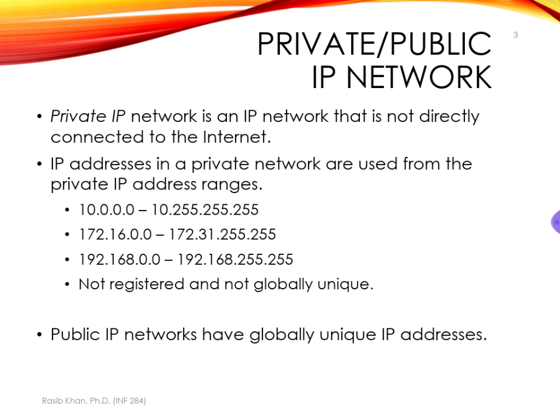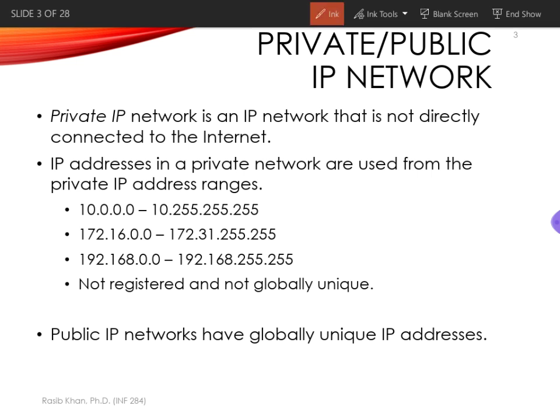So a quick review on public and private IP networks. We know that private IP networks are formed using the private IP ranges, which are defined in these three segments. These IP addresses are guaranteed that they are not unique and they are not registered so that they can be accessible from the public internet.